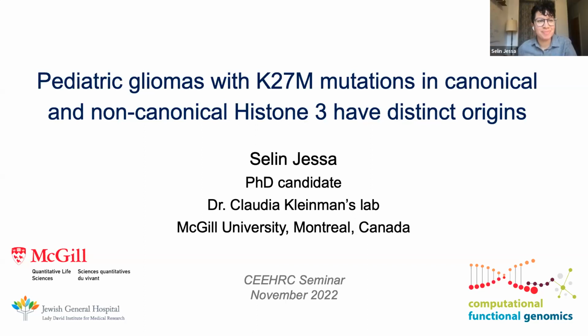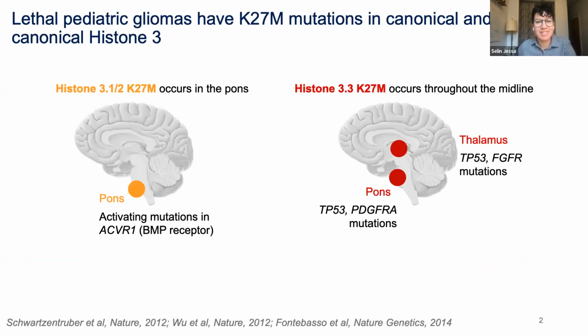Perfect, thank you. I'm really excited to be sharing some of our recent work today on understanding the origins of H3K27M mutant gliomas, which is one of the focuses in our lab. One of the very puzzling things about these tumors is that the same K27M mutation occurs in multiple variants of histone 3, but the resulting tumors have some different properties.